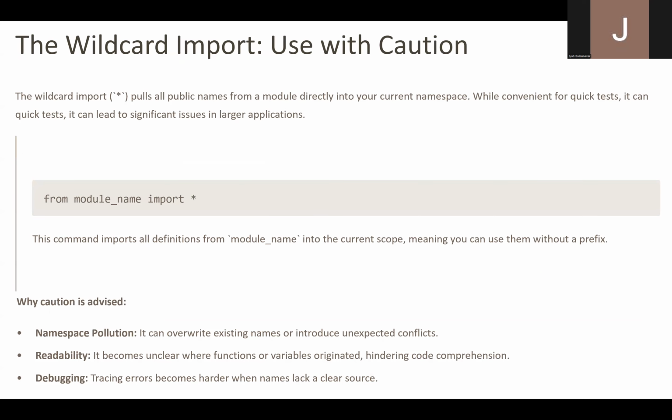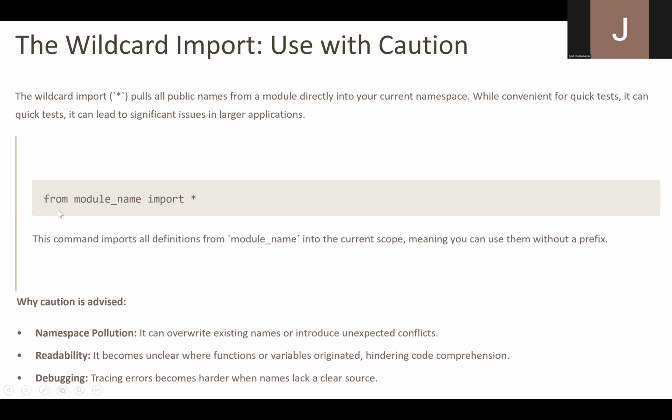Okay. Then wildcard is nothing but the star, or you can say asterisk. What it does is import all the public names, all the public members of the module, directly into your current namespace. How do we do this?